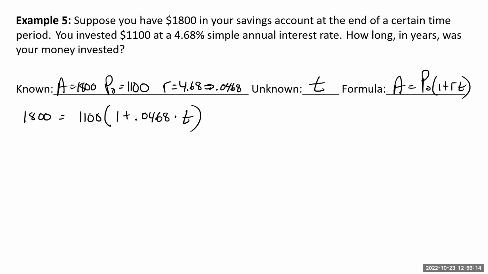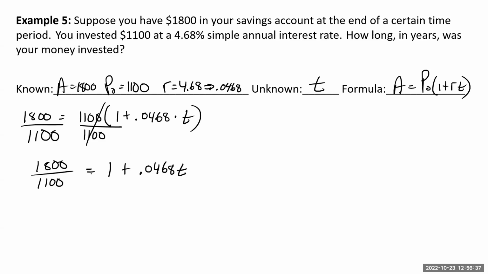Another way to get rid of the 1100 in front of the parentheses is to use the inverse operation of division. So I have 1800 over 1100, and on the right-hand side, I don't need the parentheses anymore.